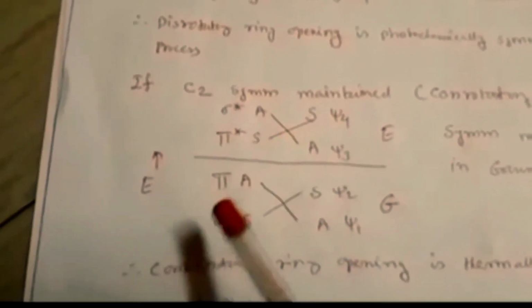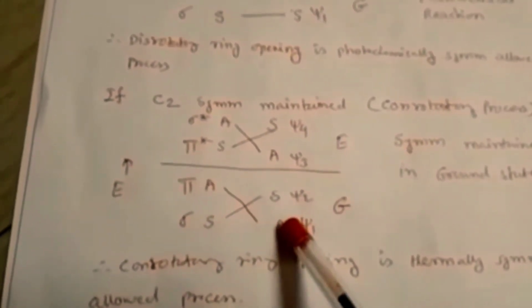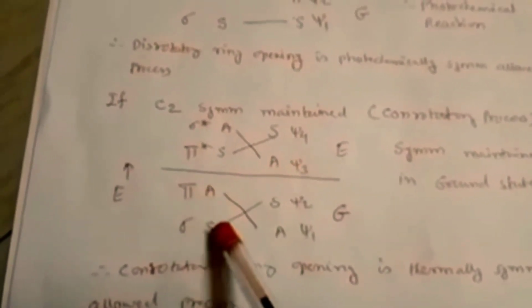That means here symmetry is a match. In this way here also symmetry is a match. So symmetry is matched in the ground state. That's why this process is thermally allowed. If we wish to match symmetry in the first excited state, then what happens? This is symmetric, asymmetric. That means this is not a match. Though these two match, this symmetry is not matched because this is symmetric and this is asymmetric.